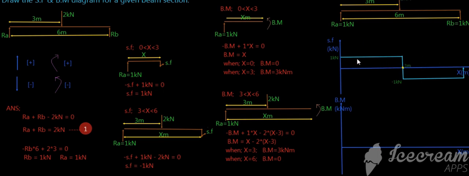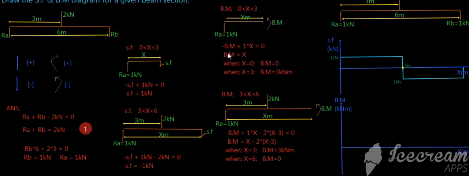Now I am going to draw the bending moment diagram. Here, for the length between 0 to 3 meter along the beam section, the bending moment varies from 0 to 3 kilonewton meter. This is like y equal to mx.